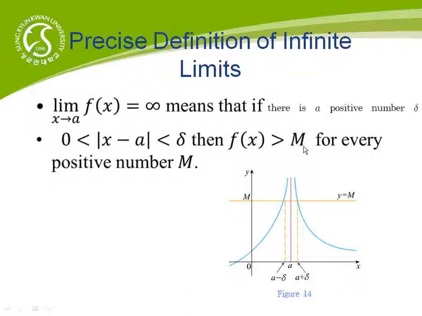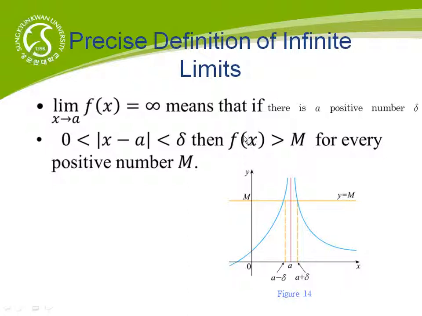But this means for every positive number m, we can find the delta that makes this function bigger than that number. That means this function value is really big. It can be far ahead of any number that we can find.